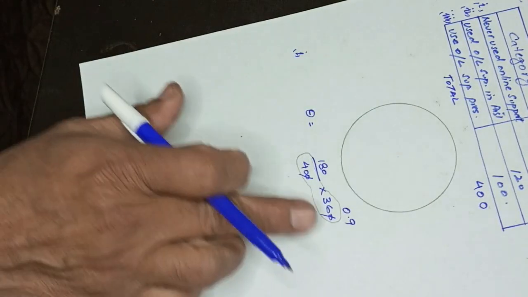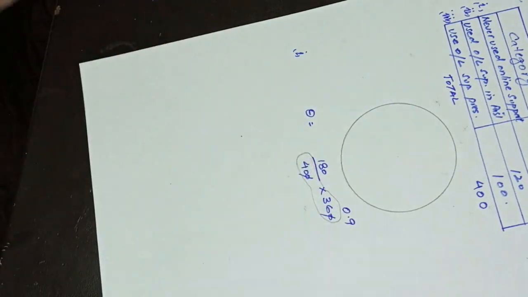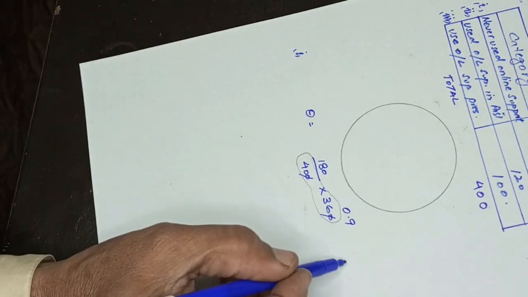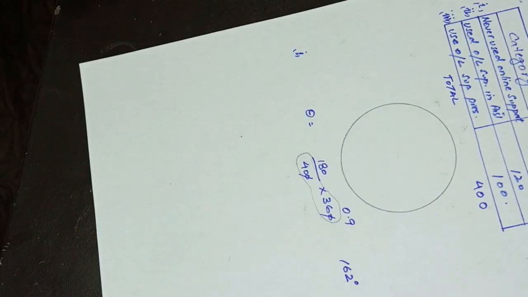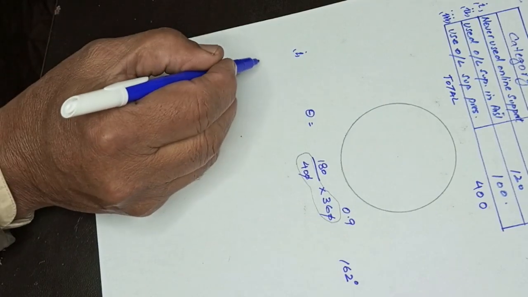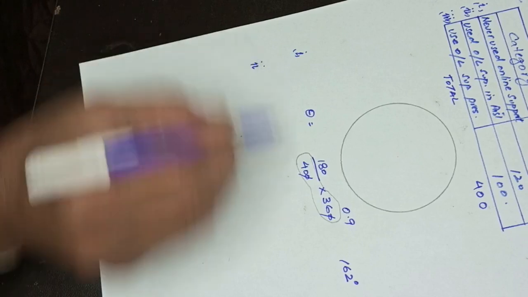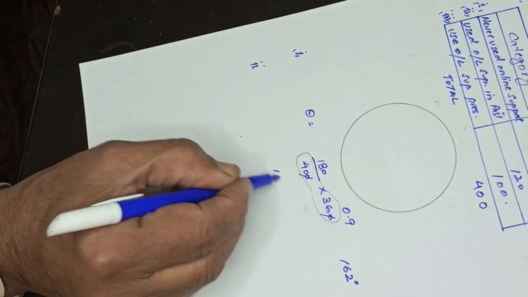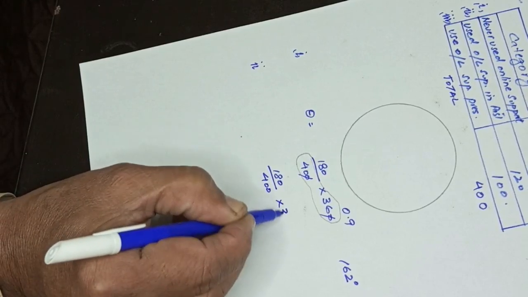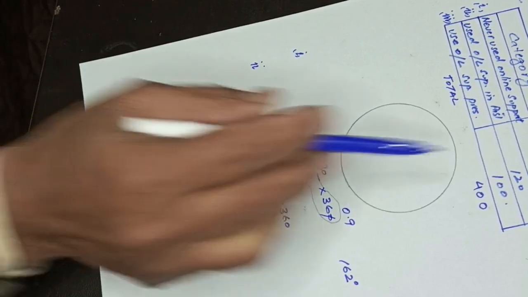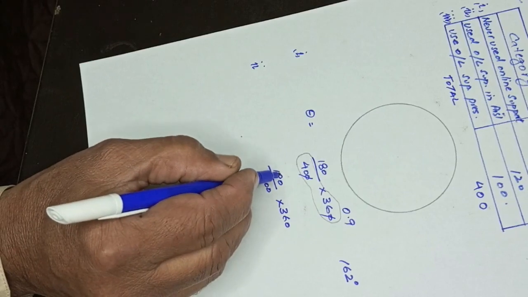And 0.9 multiplied by 180 will give us 162 degrees. Now these are 162 degrees. For the second one, the same. You can write it, but the result will become the same. 120. In fact, it is 120.